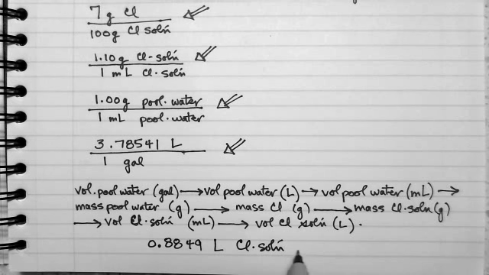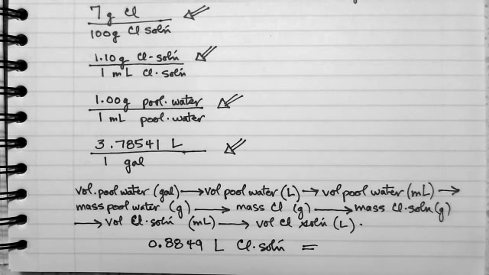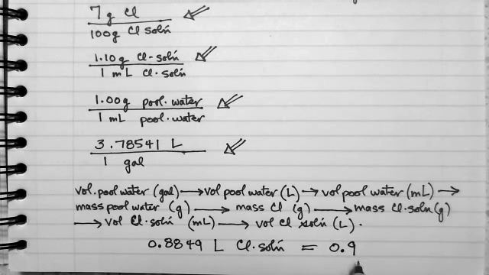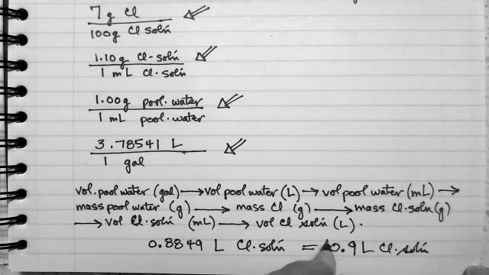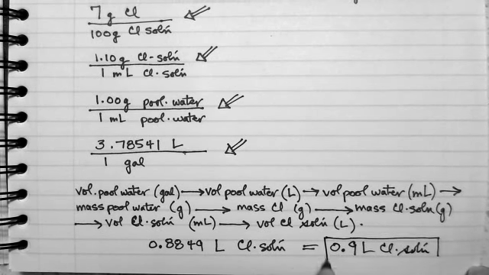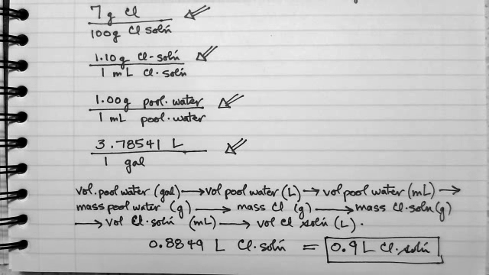That is too precise, and we should have just 1 sig fig, and so we'll round that to 0.9 liters. So you just need 900 mils of the chlorine solution. And we'll put a box around there. And that's what you should get when you calculate that.